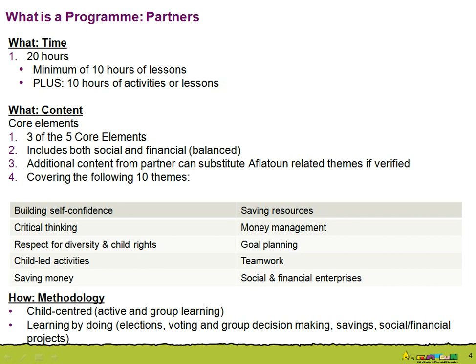So the 10 themes are as follows: building self-confidence, critical thinking, these 2 are from core component 1, respect for diversity and child rights, this is core component 2, child-led activities, this would be a combination of active learning as well as enterprise and other activities, saving money, right, from core component 3, saving resources, also from core component 3, and here we mean resources such as anything from water to time to electricity to food to toys to clothing, and so on. Anything that's not actually cash.